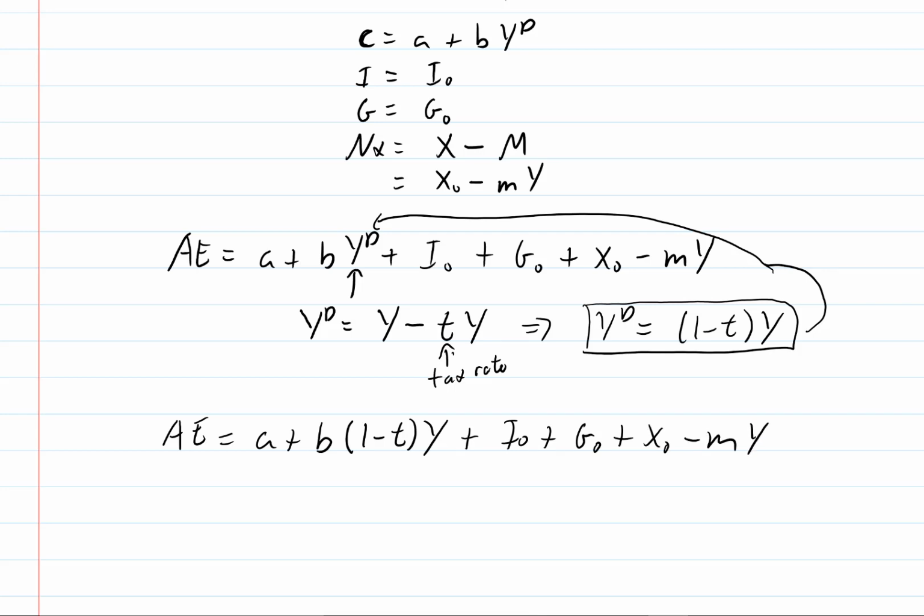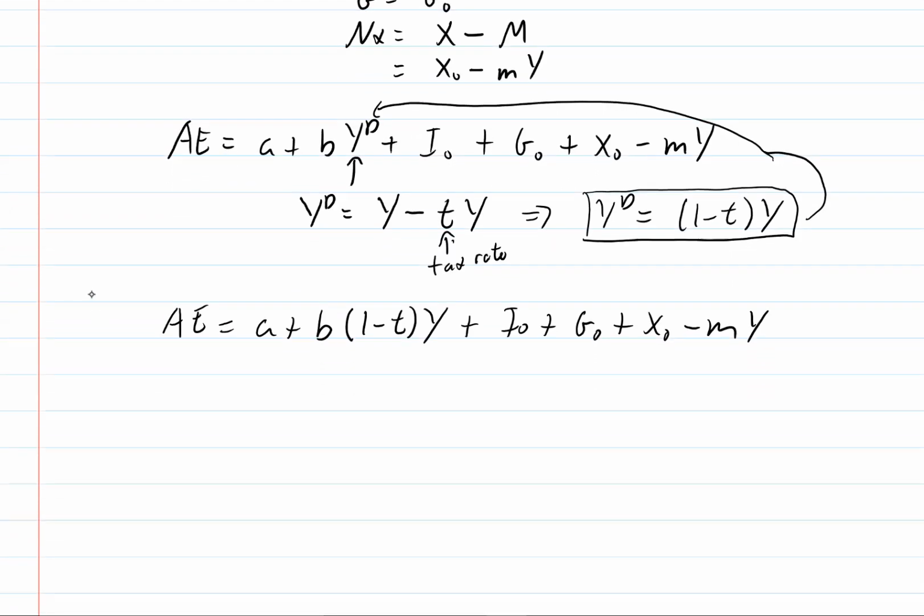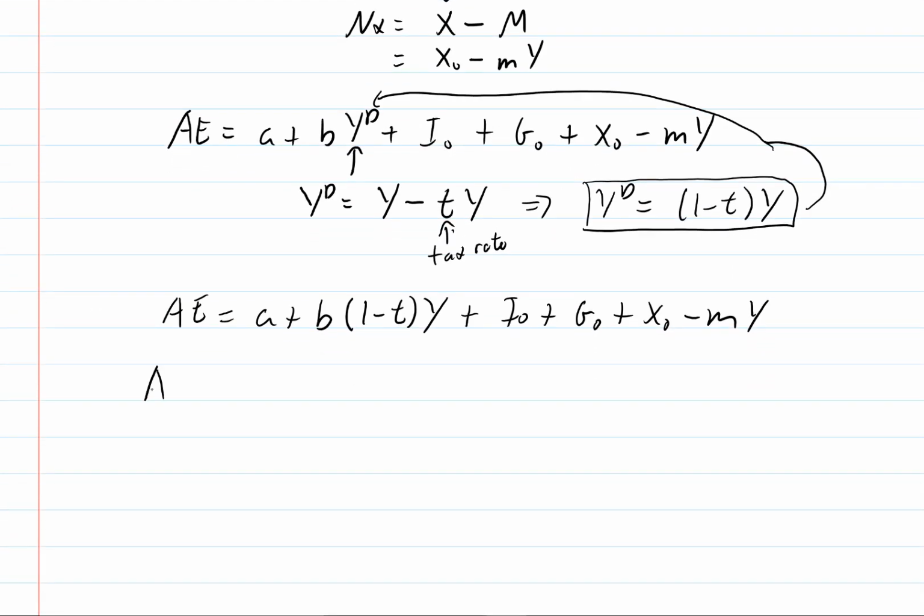Now again, just like in the simplest model we saw before, we should group all the terms that depend on Y or that are multiplied by Y, and all the terms that are autonomous that don't depend on the level of national income. So let's just scroll down here, and you can write aggregate expenditure equals A plus I0 plus G0 plus X0.